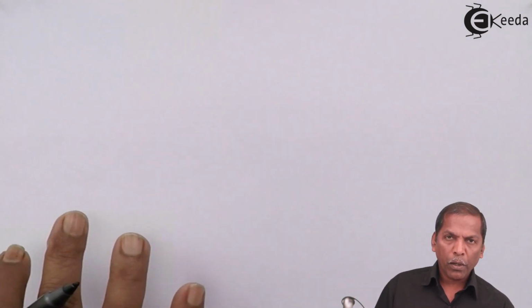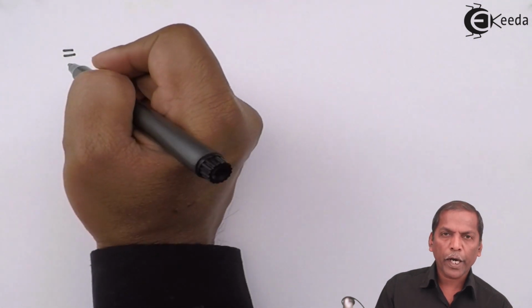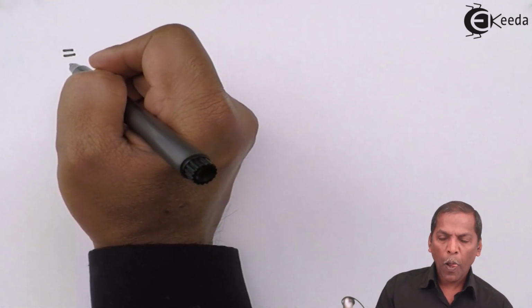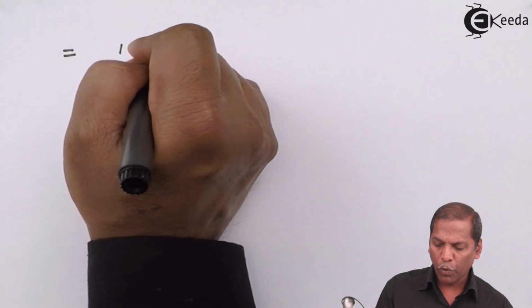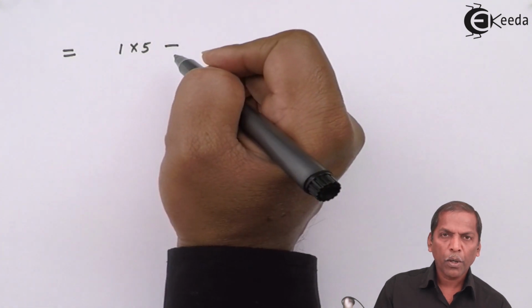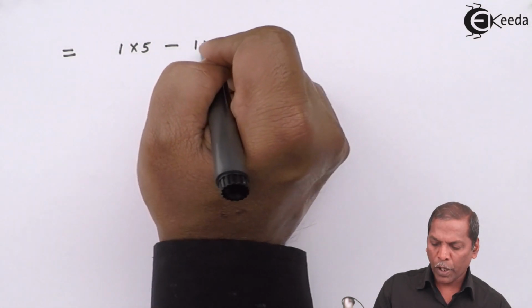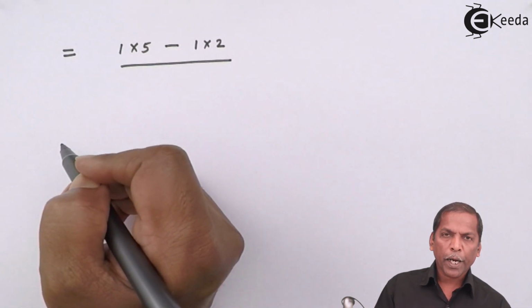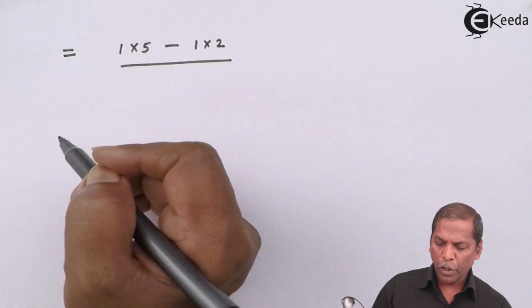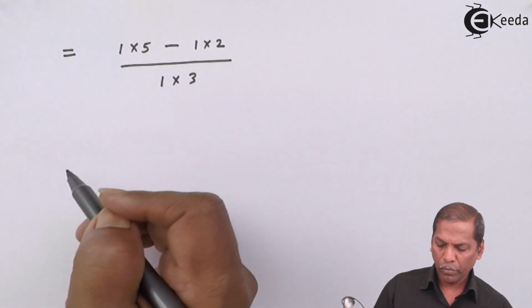So by using the rules of limits of exponential function, the first bracket in the numerator gives answer 1 into 5, minus the second bracket gives 1 into 2, upon the third bracket in the denominator, which gives 1 into 3.